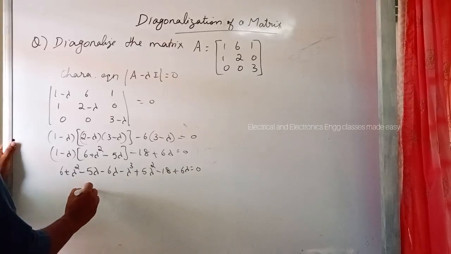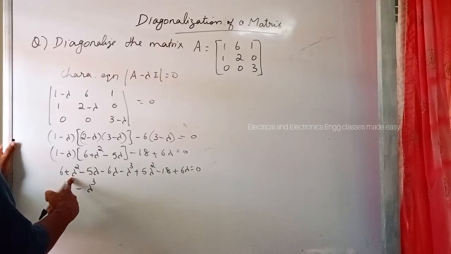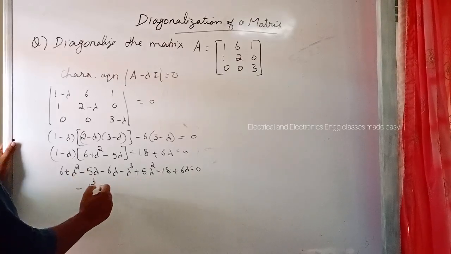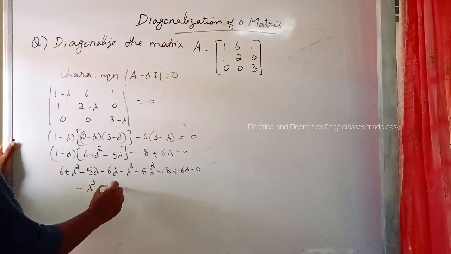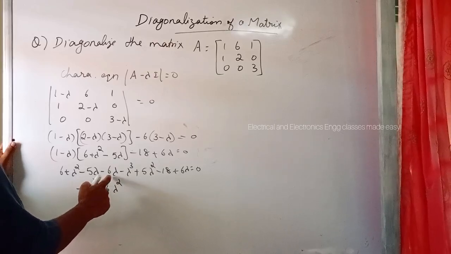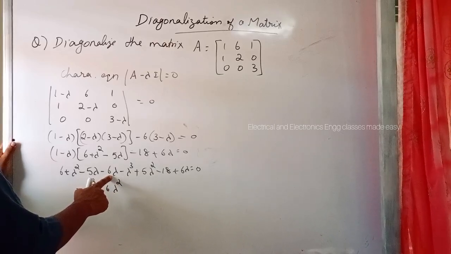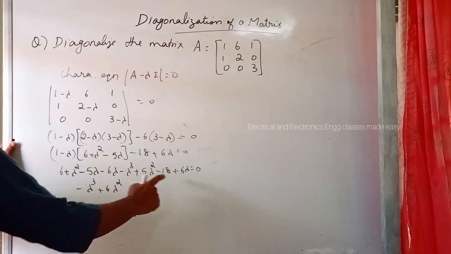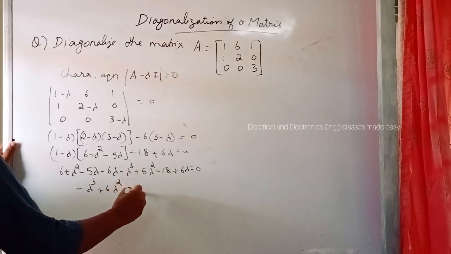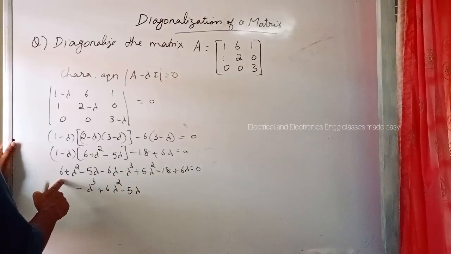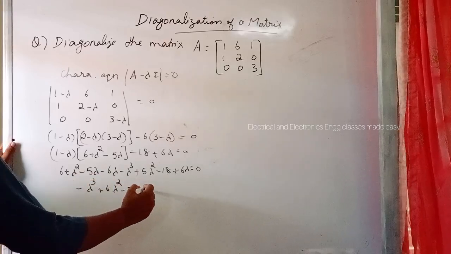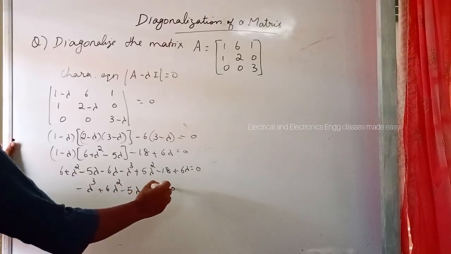Then here minus lambda cube, 5 lambda square plus 6 lambda square, 5 lambda, 6 lambda, 11 lambda, then minus 5 lambda, 6 minus 18, that is minus 12 equal to 0.